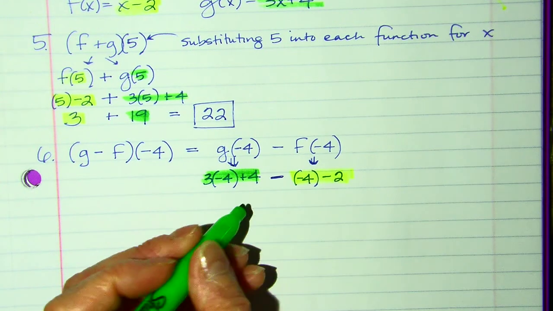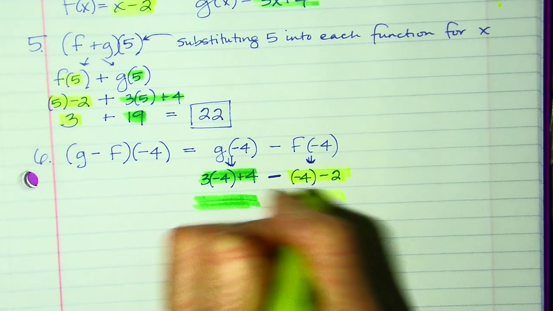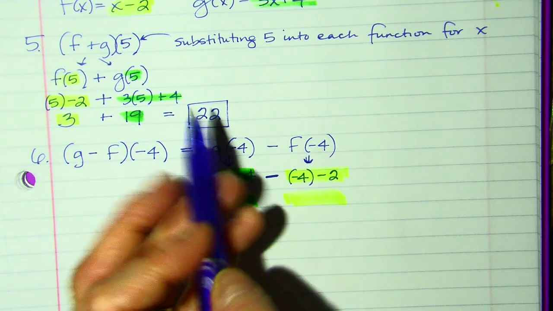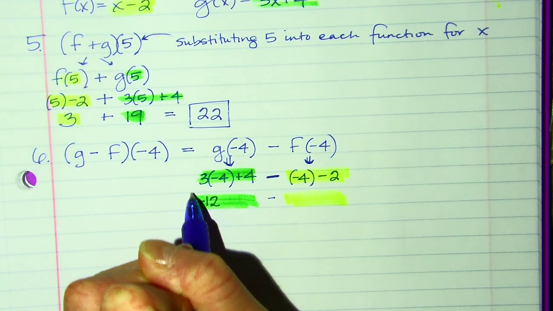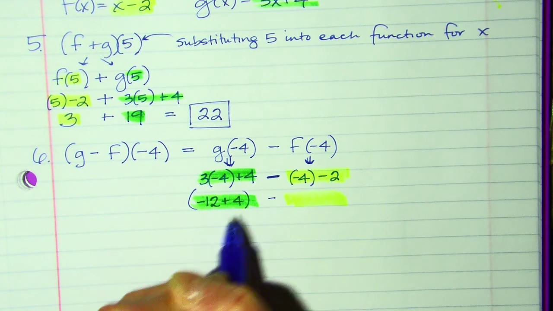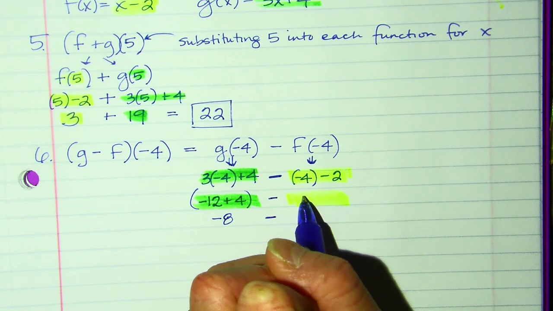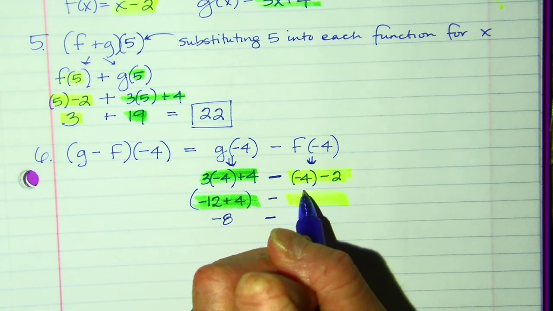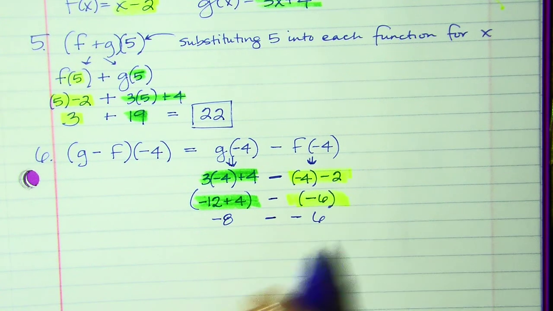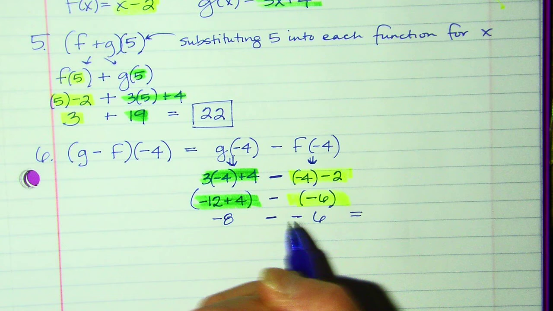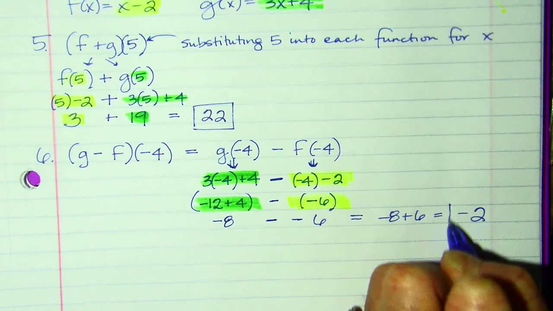So I'm going to keep simplifying this. You can keep them separate if you'd like. Okay, so 3 times negative 4 is negative 12 plus 4, which gives me negative 8. And then I'm going to subtract what I get from here. This gives me negative 6. And so this gives me negative 8 plus 6, which equals a negative 2.